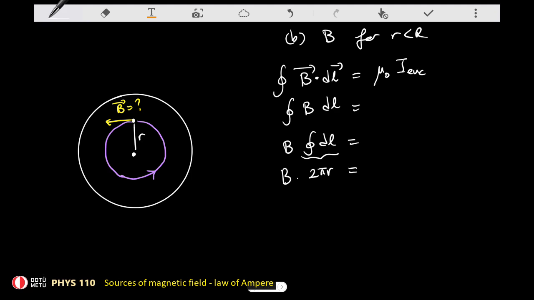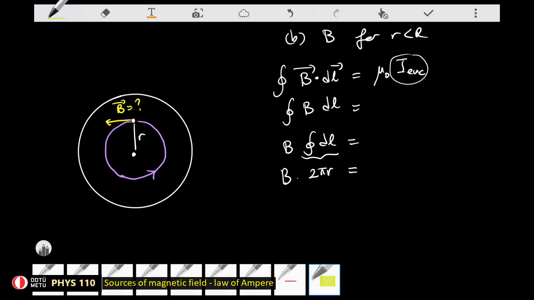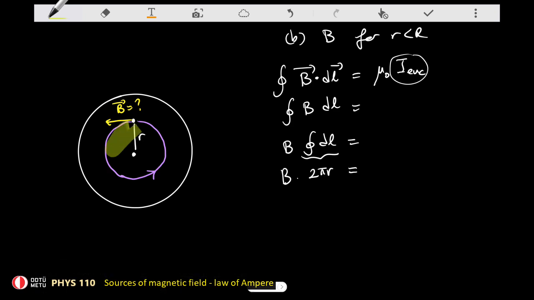So on the right-hand side, however, I have an enclosed current. That's basically the current that passes from inside this Amperian loop in here. So this is the current that passes over this region in here. I need to find this. It's not the total current, but what is it? I need to evaluate an integral. What integral?